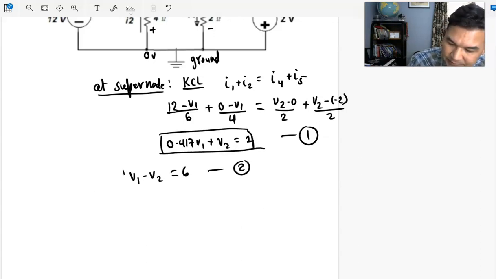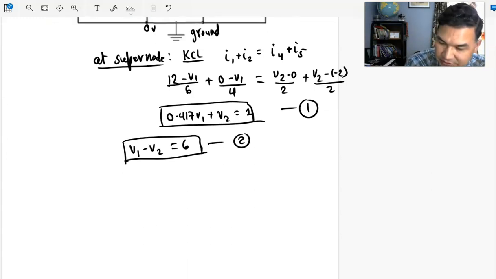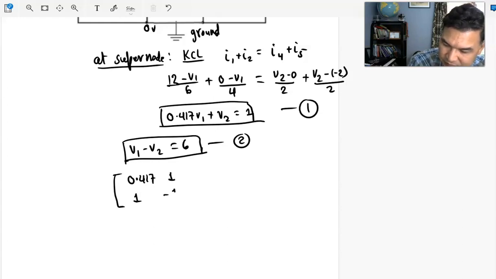So now you can solve these two equations very easily. You don't necessarily need to use matrix form because it has only two unknown variables. If you want, you can put them in matrix form, and just use the calculator if you want to save some time. 1 minus 1, and then the unknowns V1 and V2 go here.